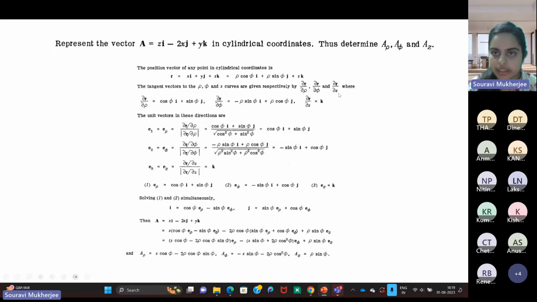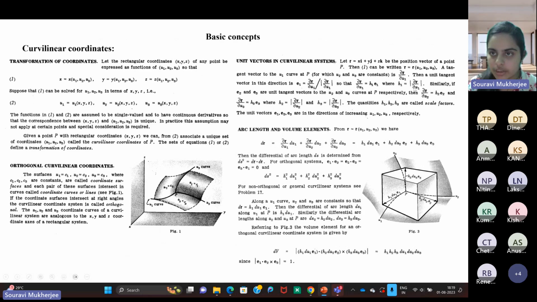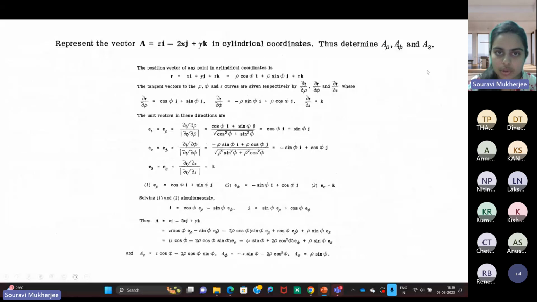So what you are doing is actually finding these values, right? Here, your u1, u2, u3 in this case are rho, phi, and z. So what do you get? You get something like this, and then you divide them by the magnitude of these vectors. You get something like this. Clear? So what is E1?